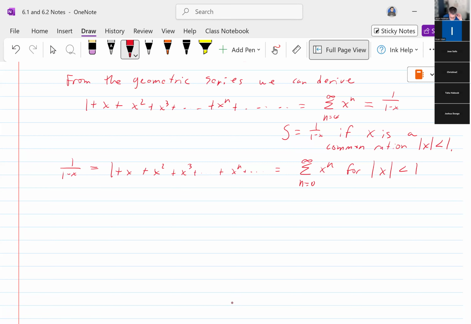So let's try to express different functions of x. We can call this an f of x. f of x is equal to 1 over 1 minus x, and we can express that as a power series.